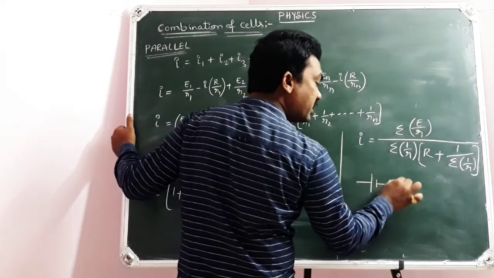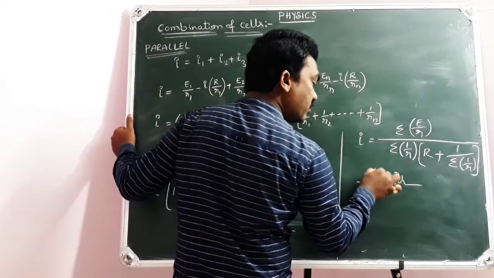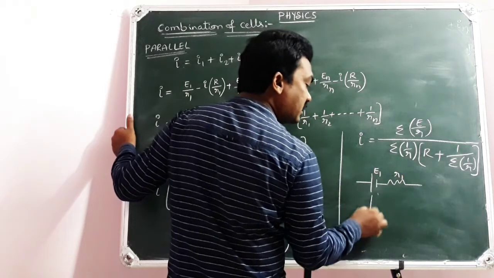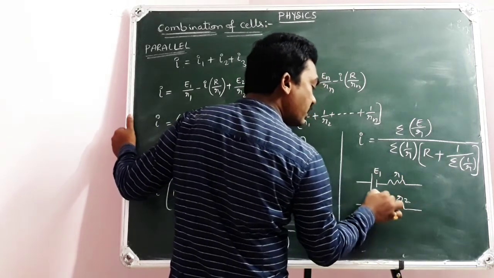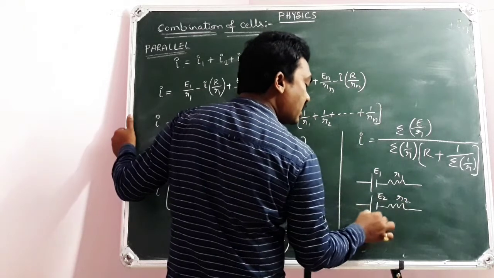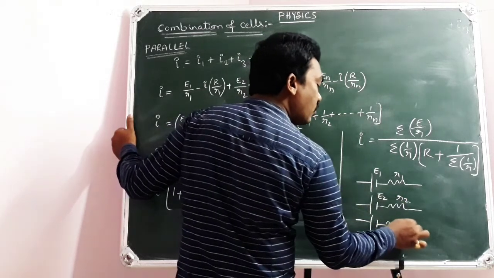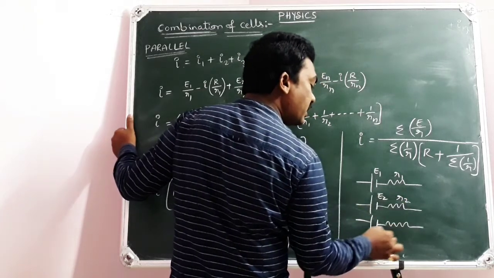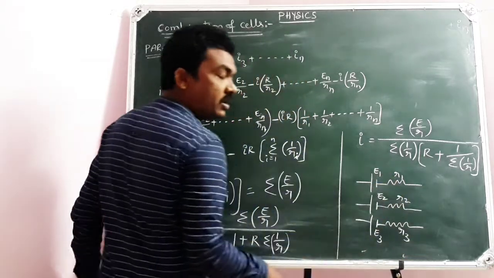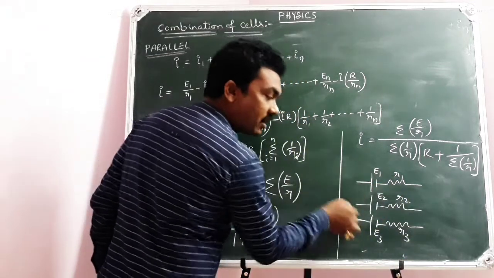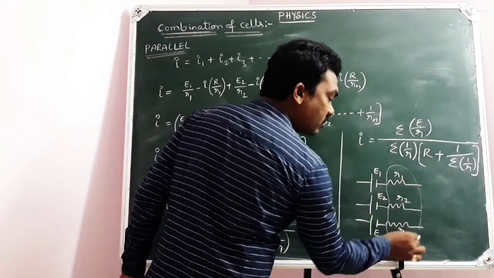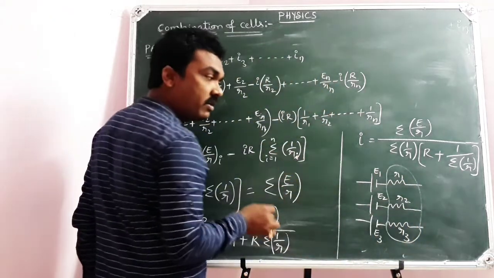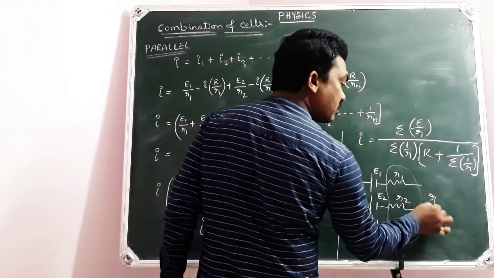Here there is a cell whose internal resistance is R1, EMF is E1, and there is another cell whose internal resistance is R2, EMF is E2. Like that, there are different cells whose EMFs are different and internal resistances are different. All these are connected in parallel. These internal resistances together will give an equivalent resistance.